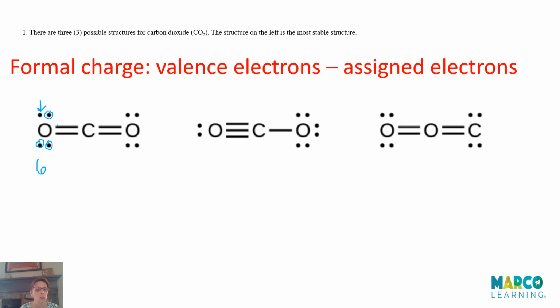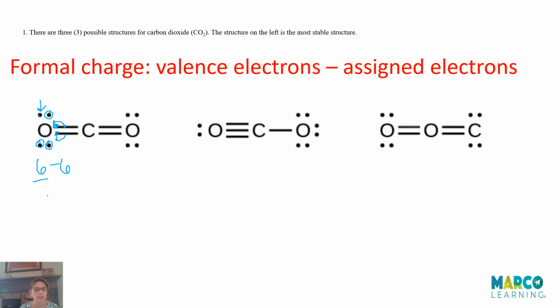And then we also see that it's sharing a pair of electrons with carbon. And so when you're doing formal charge, whenever you have a bond, one of those electrons goes to one atom and the other one goes to the other. So we have 1 electron going to oxygen for that bond and for this one. So we can see that there's 1, 2, 3, 4, 5, 6 electrons which are assigned to it.